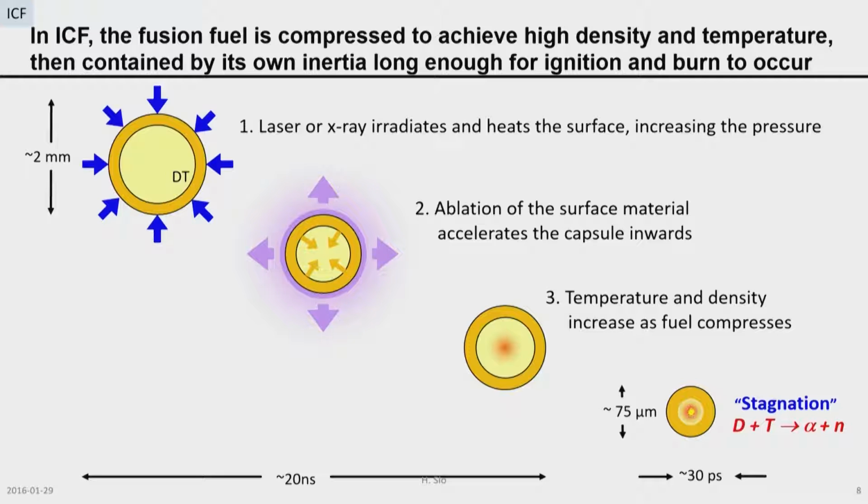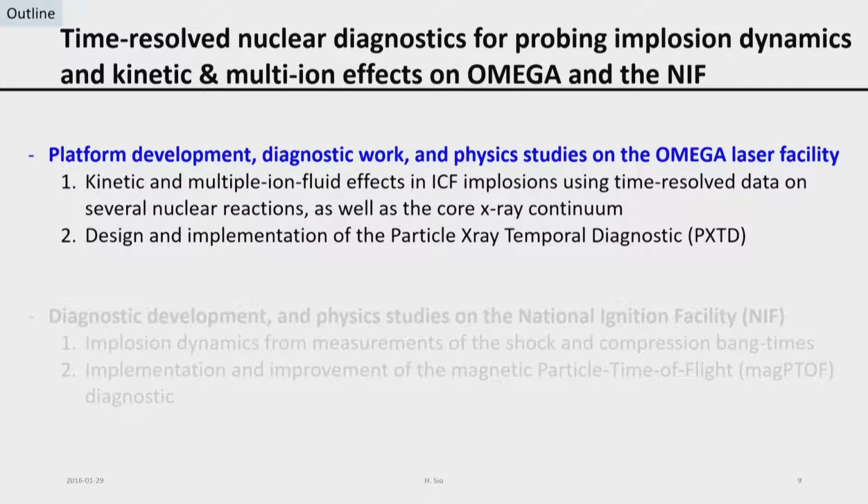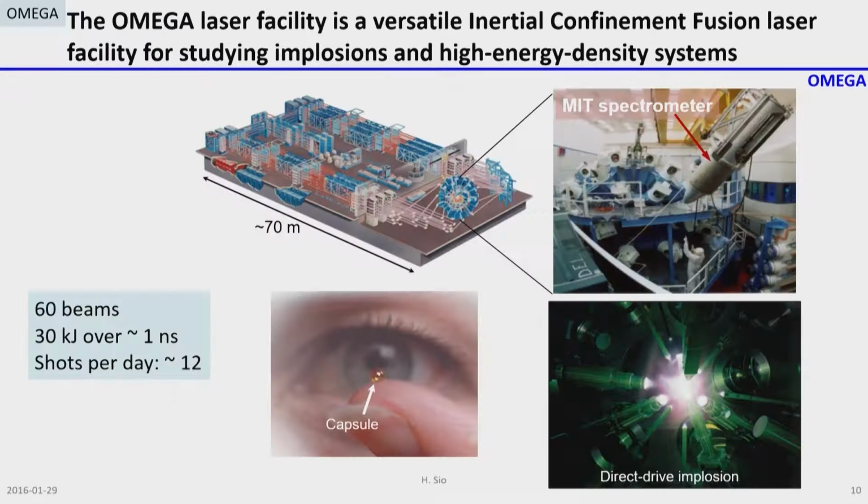The tone that I want to start off today's talk with, and I think the tone that ended John's talk this morning, is that ICF implosions are really, really hard, and we don't understand a lot of the physics. With that in mind, we're going to go now into Omega and look at some of the physics studies that we are doing there.